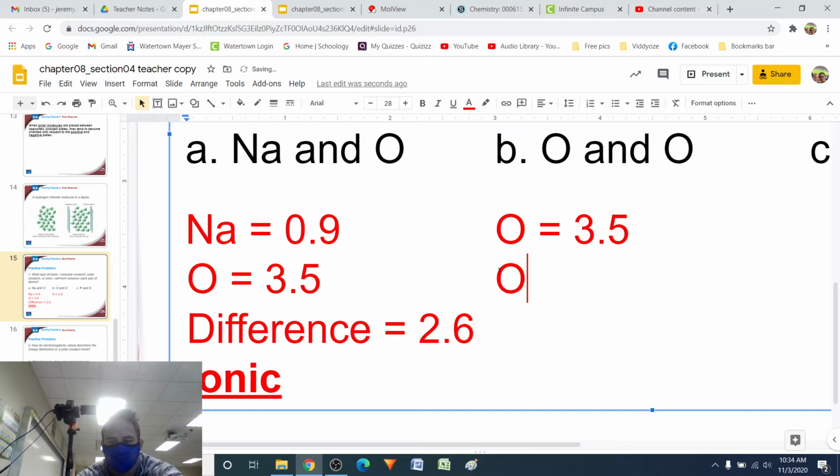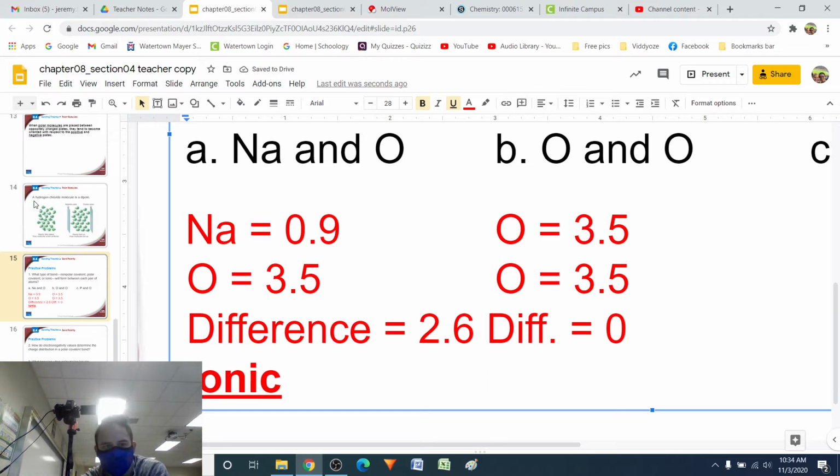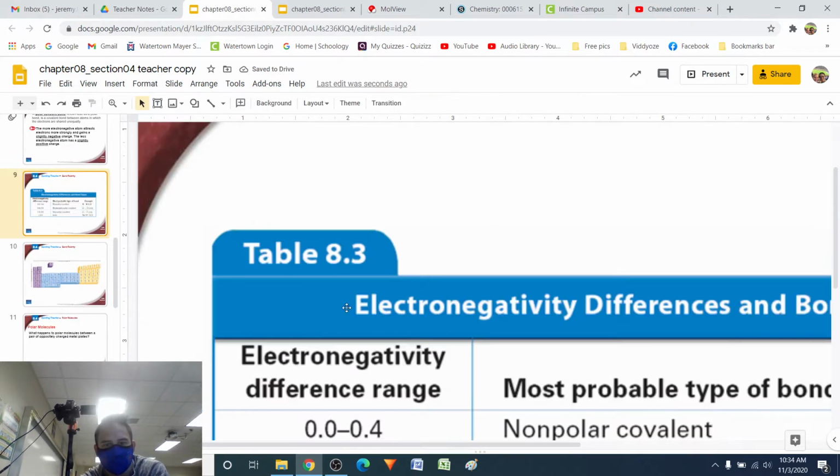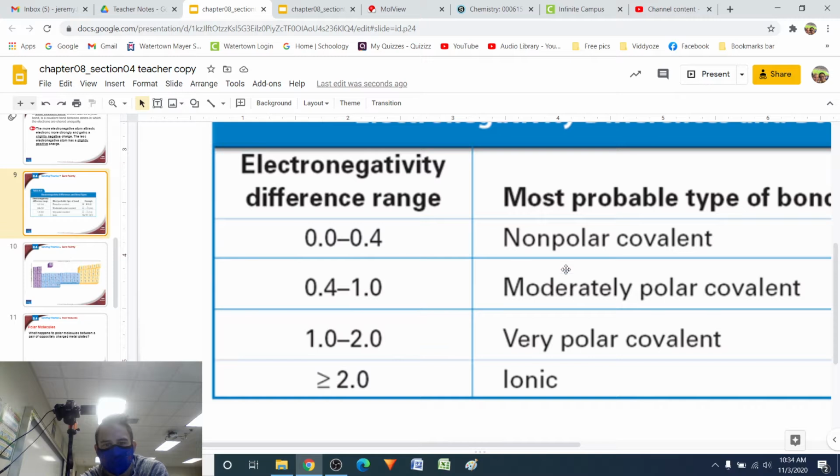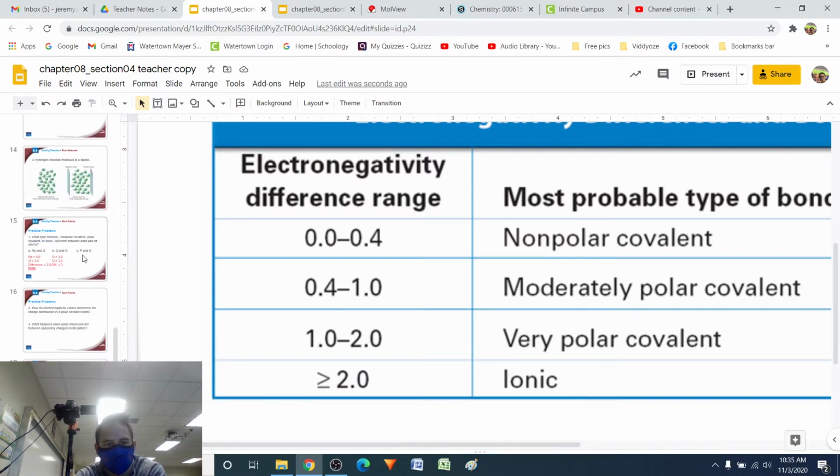They both are 3.5, therefore the difference is equal to 0. And if it falls in the range of 0 for difference, let's look back at our chart here, then it's going to be a nonpolar covalent bond. So this is going to be nonpolar covalent for letter B, number 1.